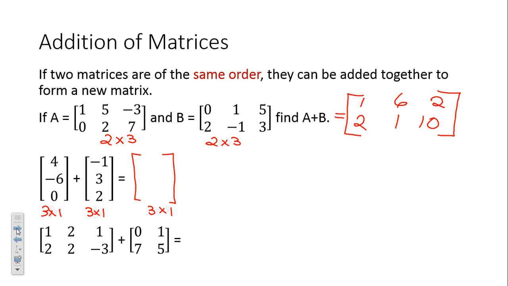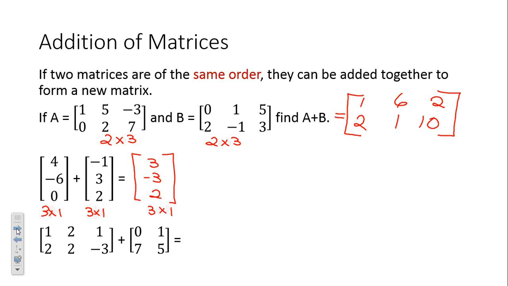Adding them together, what do we get? 3. Then -3 and 2. Nothing earth-shattering there, right?